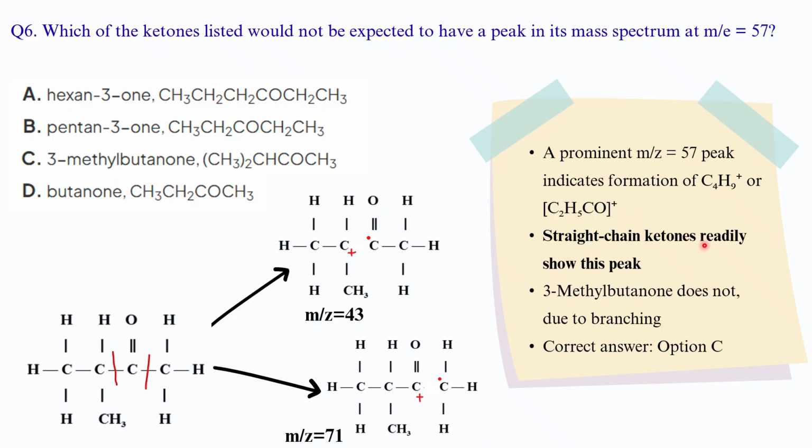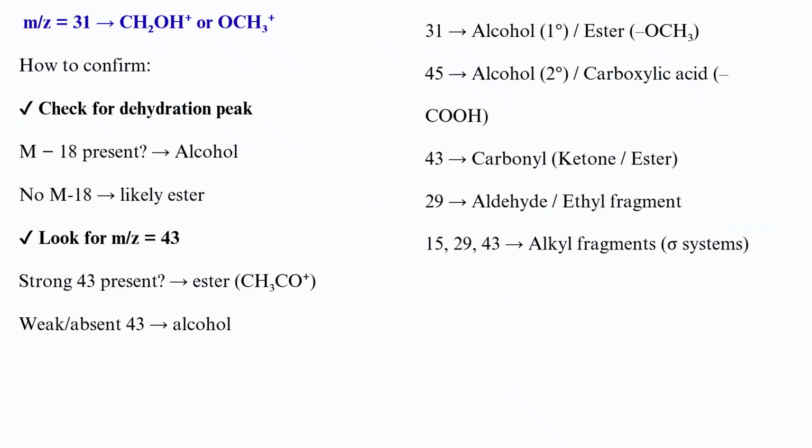So if we have any branched chain ketone, there is no possibility of formation of this particular fragment. Out of all four options, I can see that only option C is the one where there is a branched ketone. If I carry out the fragmentation, I can see that it gives fragments at m/z equals 43 and m/z equals 71, which does not match with the data given in the question. So option C is the correct answer.